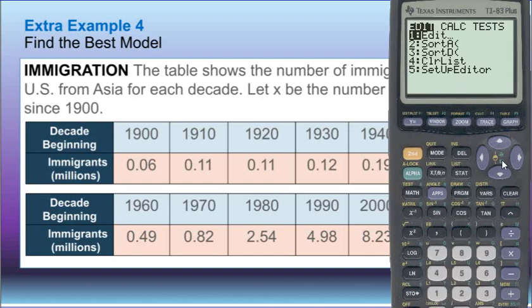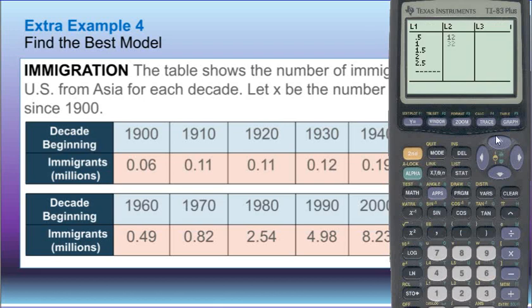So I go to Stat, Edit. We want to clear what we have in here. And 1900 is 0. So I hit 0. And each decade would represent 1 decade, so that would be 10 years.